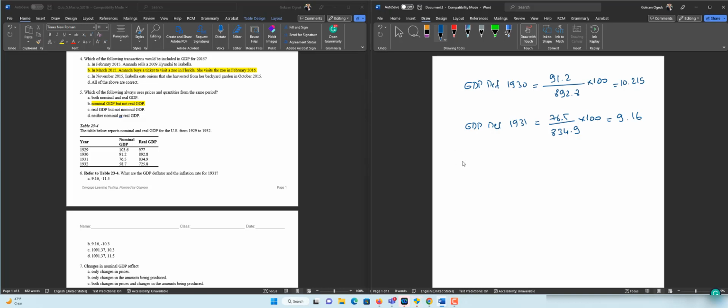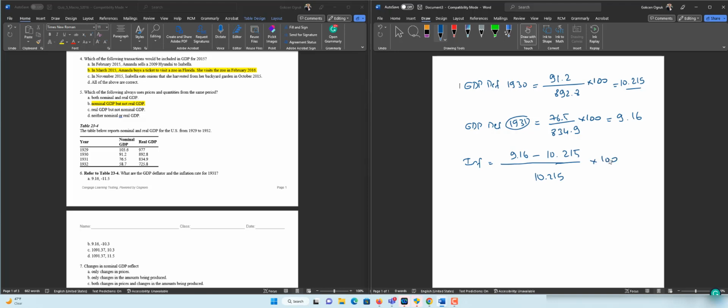9.16. So now to calculate the inflation rate, if you remember, it's the change in the price index. So we take the recent one, which is 9.16, minus the previous one, 10.215, divided by the previous one, which is 10.215, times 100 to give us a percentage number.